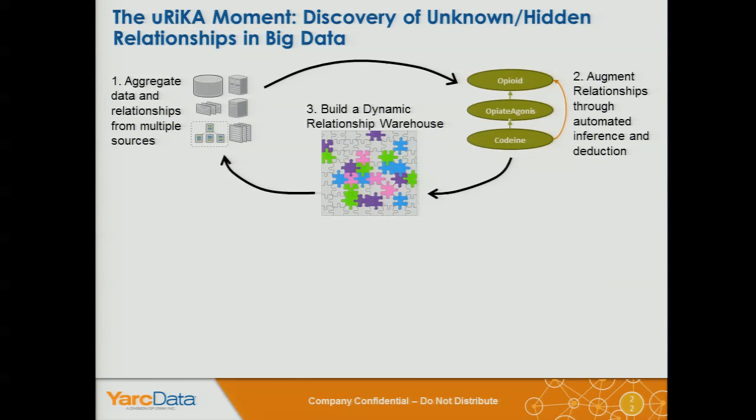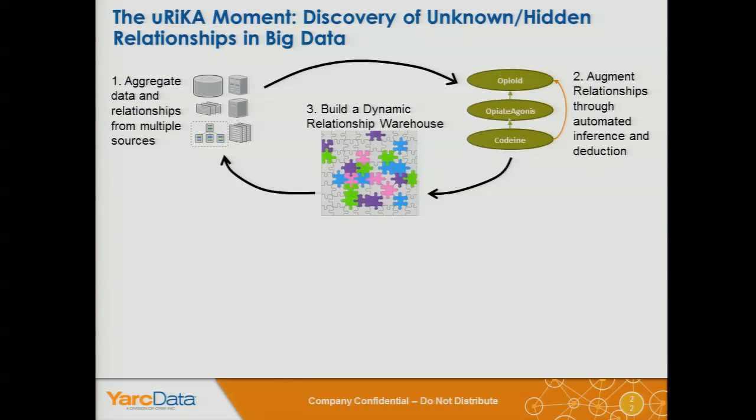I love these automated slides. Basically, this is a cartoon of our simplest use case, which is basically you have data from multiple sources, which can be of multiple types. You have to import that and then connect it together in a graph, which is augmenting the relationships through inference.